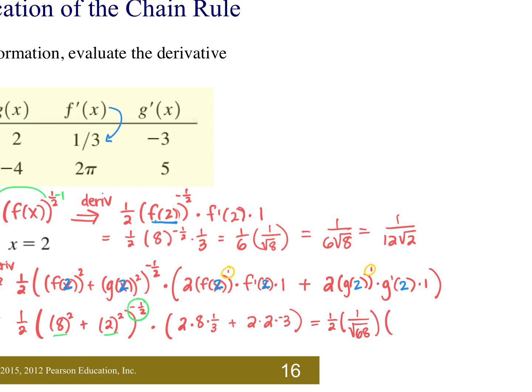And then this is multiplied by 2 times 8 times 1/3, so that's 16/3. And then minus 2 times 2 times 3, so that's -12. And the rest of it is just simplification using common denominators and maybe simplifying the radicals just to get that all the way in its most simple form.